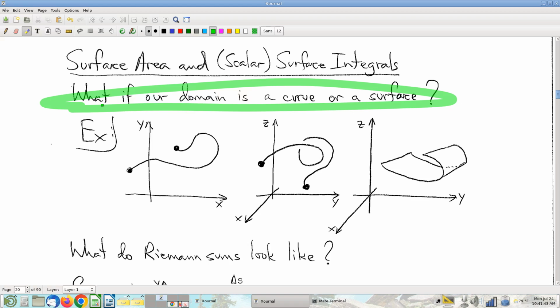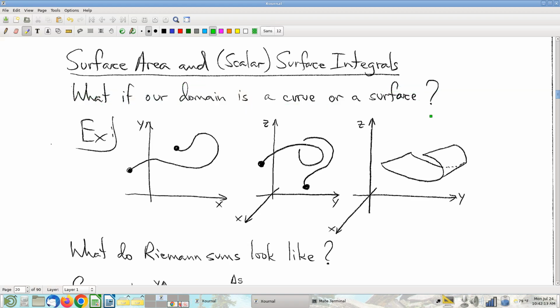For example, an interval is itself a one-dimensional thing, and it's on a one-dimensional x-axis. An area in the plane is a two-dimensional thing, and it is in a two-dimensional xy plane. A solid is three-dimensional in a three-dimensional space. So we've been considering objects that live in a space of the same dimension that they are. And that was a luxury that we're going to now let go of.